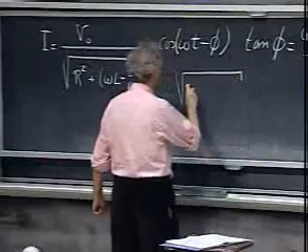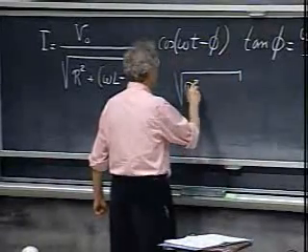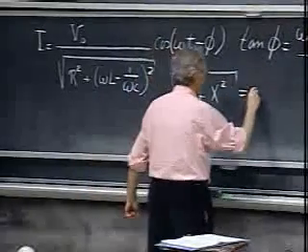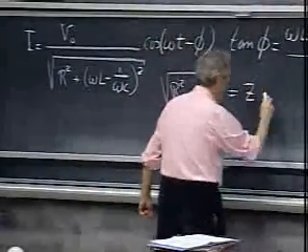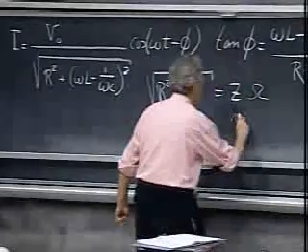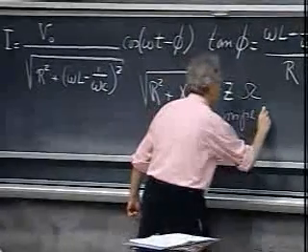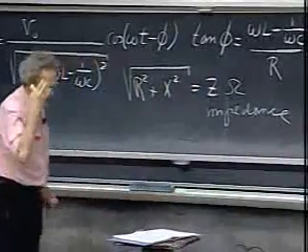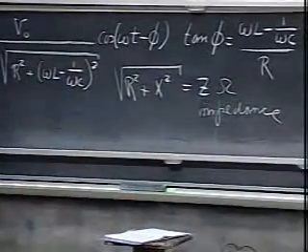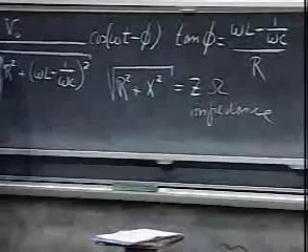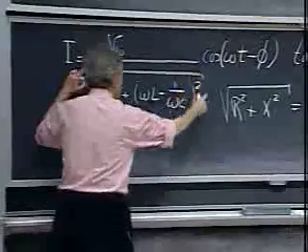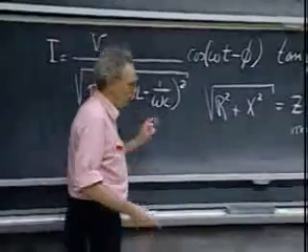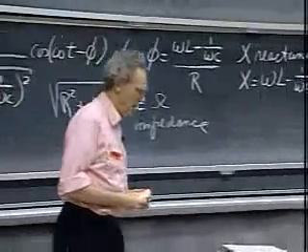So the square root of R squared plus X squared equals Z. That also has units of ohm. And so Z is an effective resistance, because this whole thing behaves like a resistance. But it depends not only on R, L, and C, but also on the value of omega.